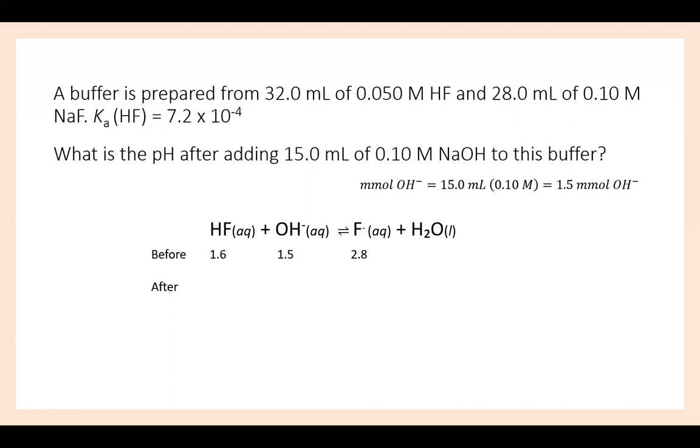Again, it's a 1-to-1 ratio, so the 1.5 millimoles of hydroxide reacts with 1.5 millimoles of HF, which leaves us with 0.1 millimoles of HF, 0 moles of hydroxide, and now we've added 1.5 millimoles to F-.